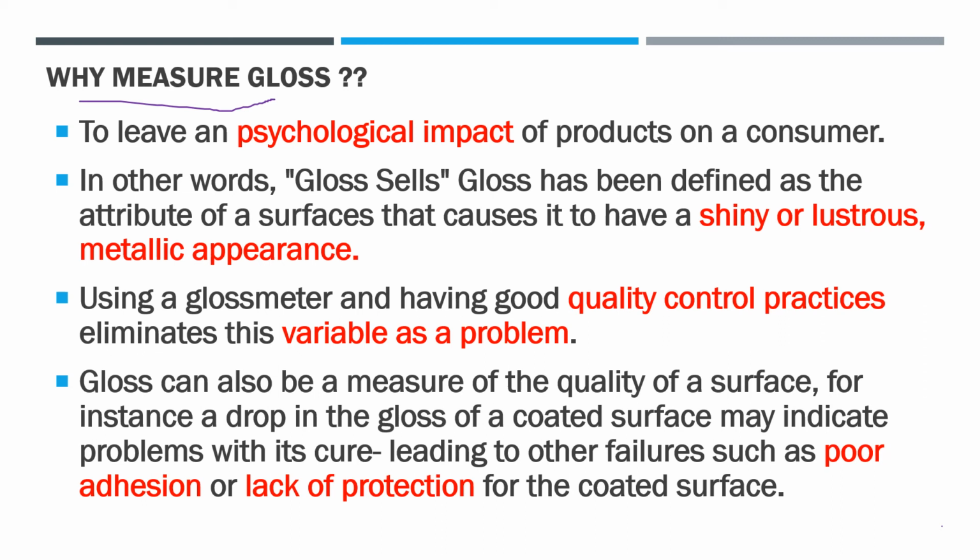That's how you can identify it. So because of gloss you can identify that your surface is shiny, lustrous or metallic. Then there's a glossmeter we use to check the gloss. So a glossmeter actually gives good quality control over the control practices and eliminates variables as a problem.